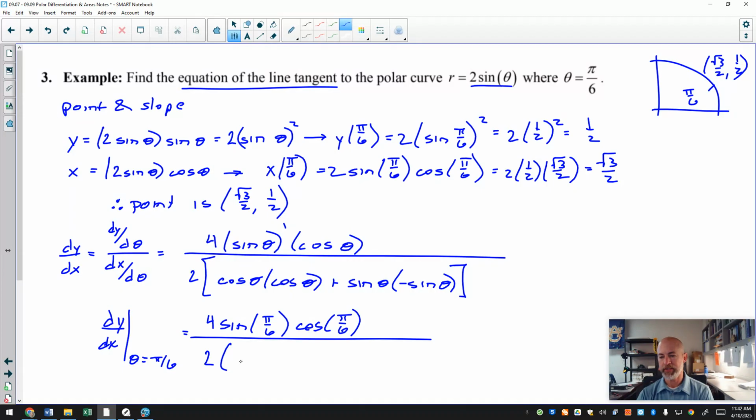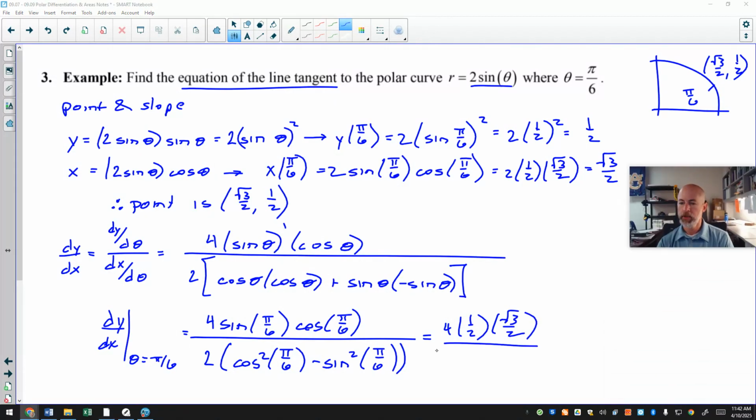That's cosine squared of pi over 6 minus sine squared of pi over 6. And then we will evaluate that. And I already have the coordinates up here. So sine of pi over 6 is 1/2. Cosine of pi over 6 is root 3 over 2.